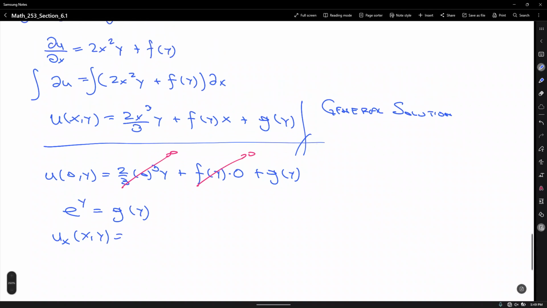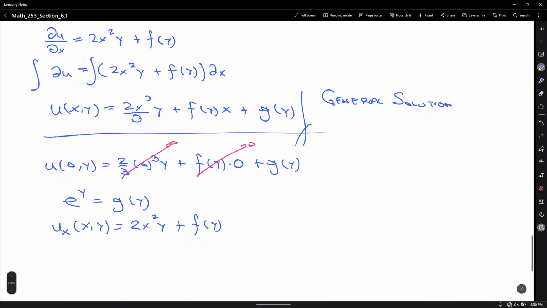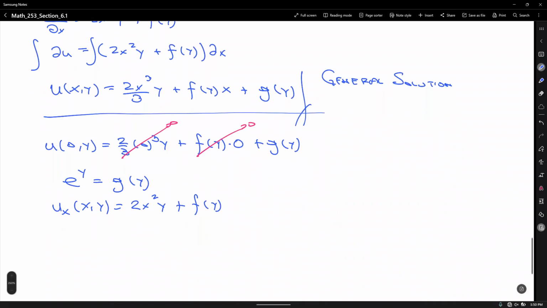Now, we need to evaluate u sub x of (x, y). Actually, we have it already, don't we? Take the derivative of the solution with respect to x. That'll be 2x squared y plus f of y. Let's substitute the condition u sub x of (0, y) into the partial derivative of the general solution.